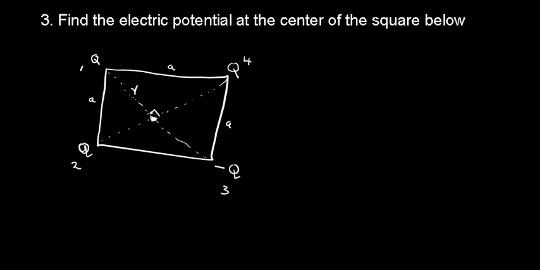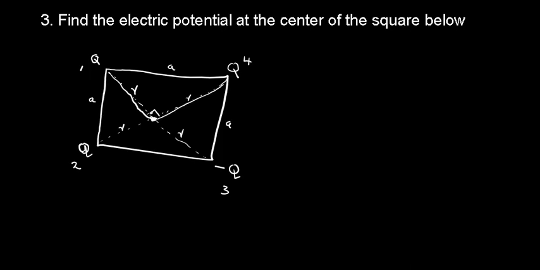Distance r here, because they are equal, it is a square. And this is a right angle triangle. So we have to use Pythagoras theorem to find that. So remember, looking at this, it is a right angle triangle.